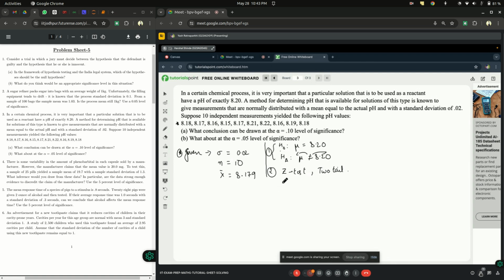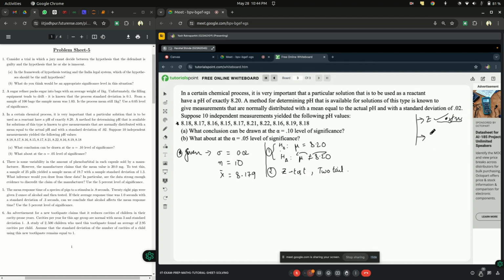Yes, but since n is less than 30, should we not go for a t-test here? Okay. So here is some assumption or convention you need to follow. If it is given Z test, you don't look for the number of items or sample size. You directly go for Z test irrespective of n. For all n you can go for it.